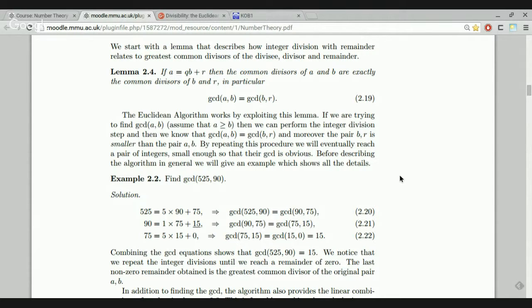So that's just exactly the same argument we talked through with the 525 and the 90 and the 75, but just saying it in general. That's the nicest kind of proof, the proof that really just follows any particular example. Of course, not all proofs are like that.